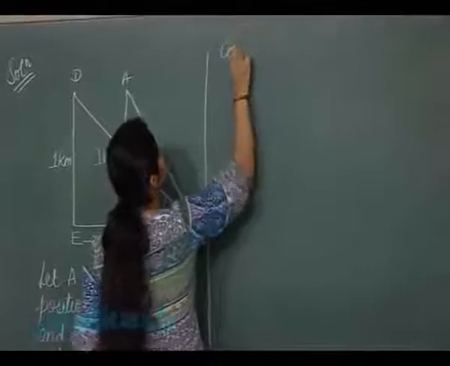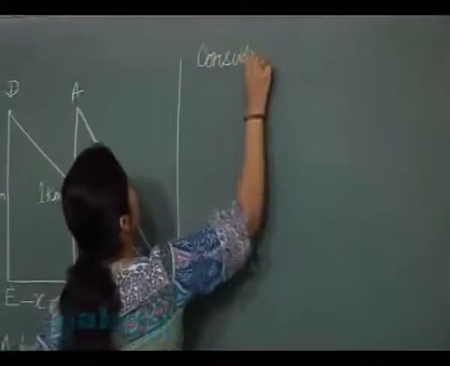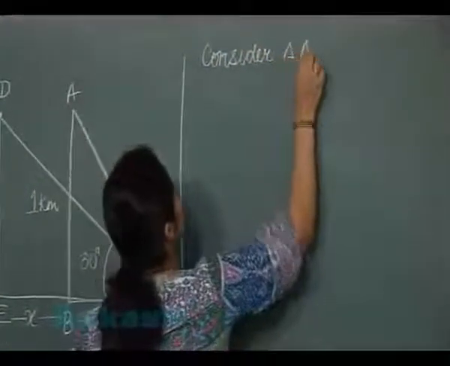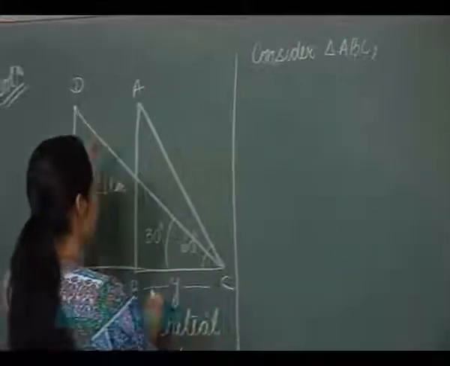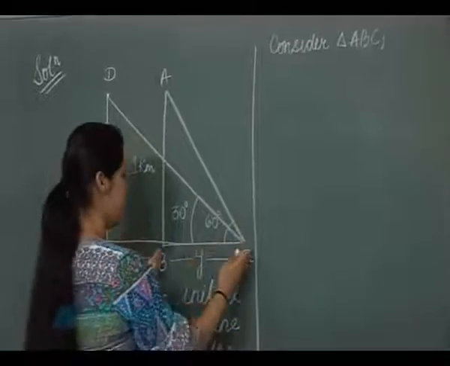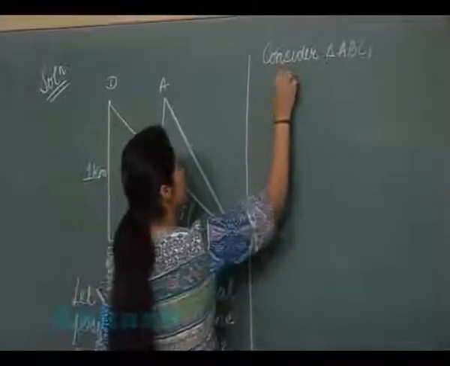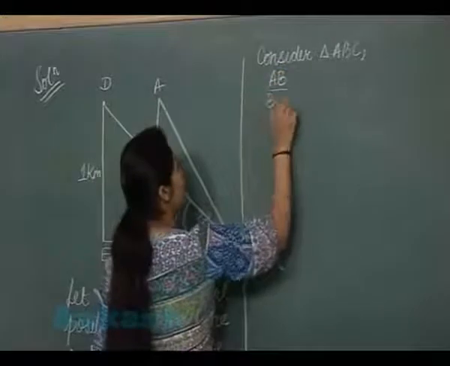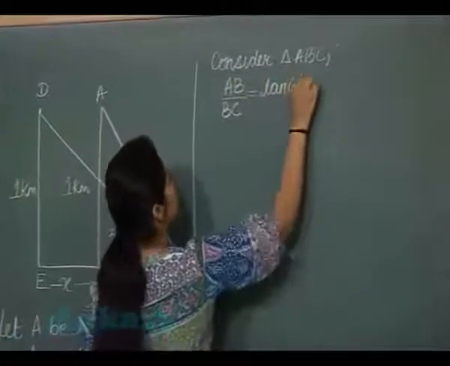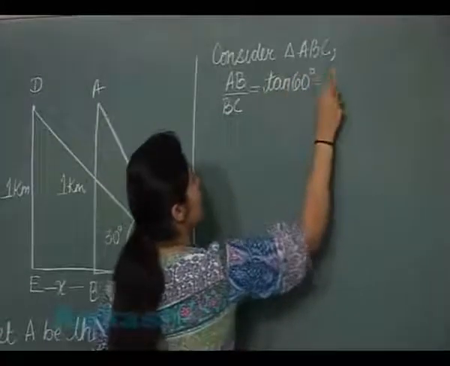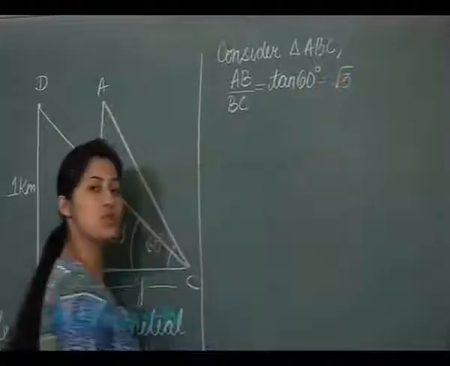Consider triangle ABC. Now in this triangle we can say that AB upon BC will be equal to tan 60 degree, and we know that tan 60 degree is equal to root 3.